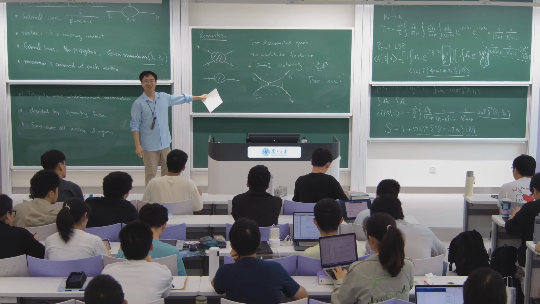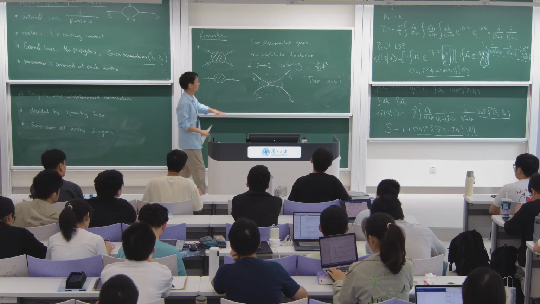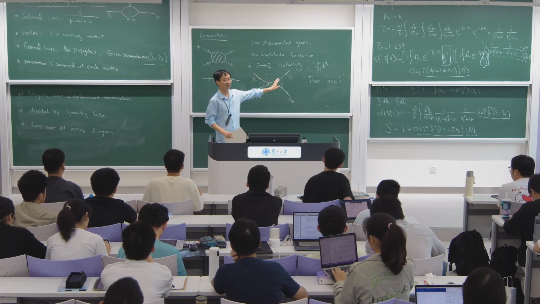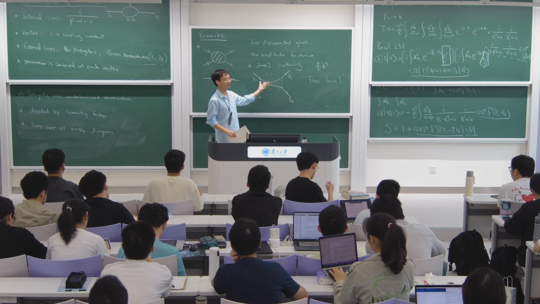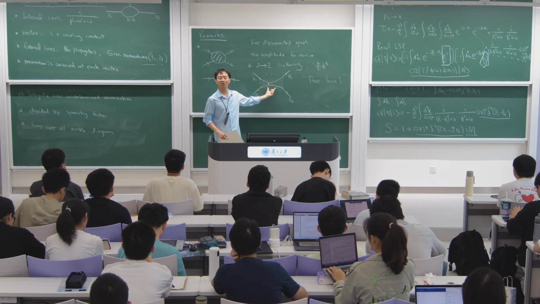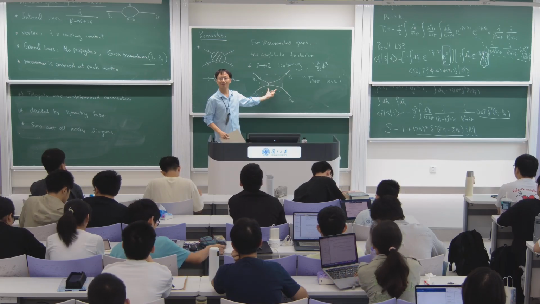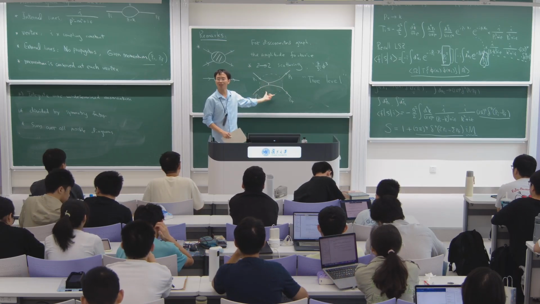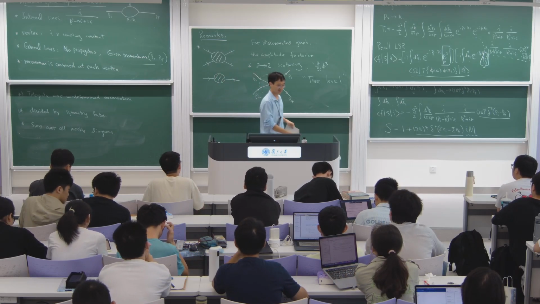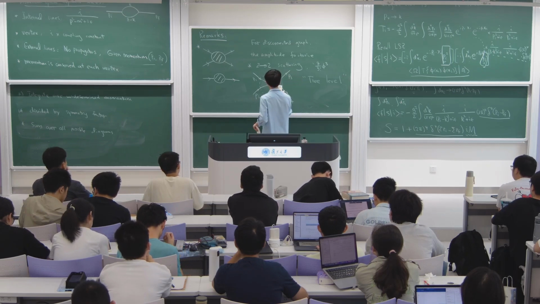I didn't change any given data. I just tried to use different building blocks to fill in this graph. This is another way. Actually, there's a third way. So these are called different channels.